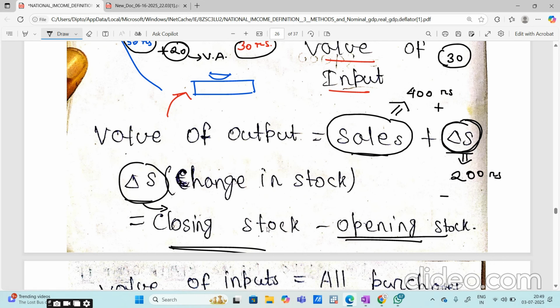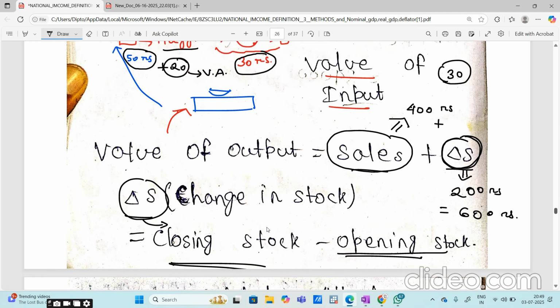So what will be the value of output? The value of output will be 600 rupees. By another approach, you can also understand it in a way that in the entire financial year you have sold 200 products, that is your sales, and the price of those 200 products is 2 rupees per product, so 400 rupees, that is your sales.